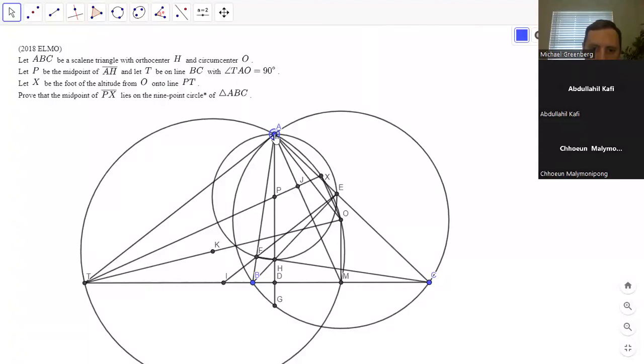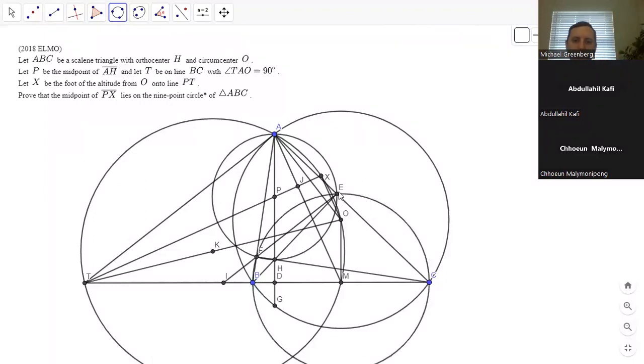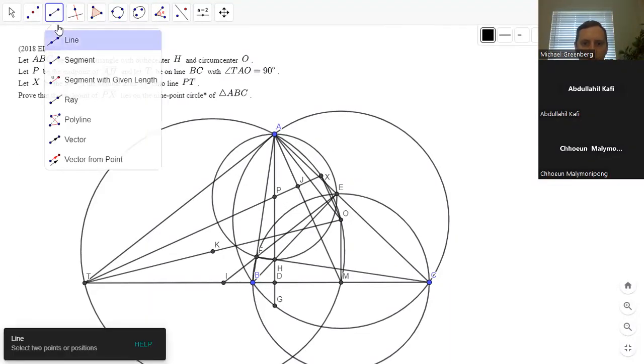So first of all, P is the center of this circle, and M is the center of this circle. So MP is perpendicular to EF. And we want to show MJ is perpendicular to PJ.